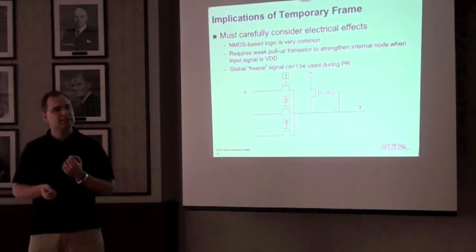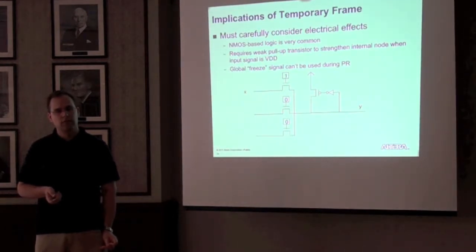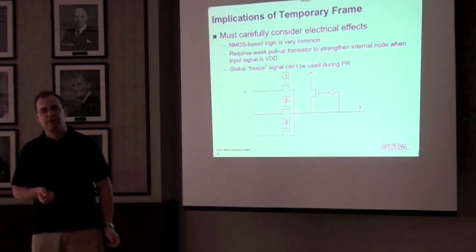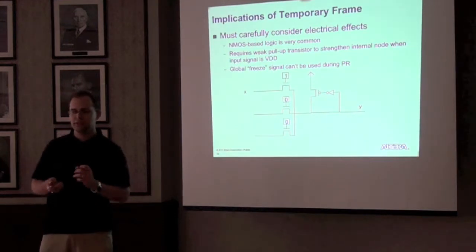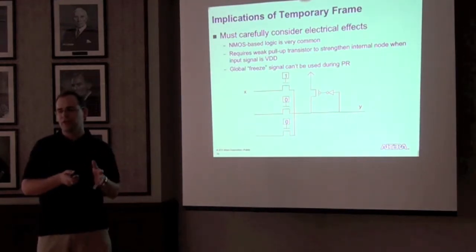So, question? Yes? That method implies that you have to always know which programming bit stream you're coming from in order to go to a new one. You can only go from a specific one to another one. That's a very good question. I'm just going to repeat that in case it didn't pick up. The question is, this method would imply that you have to know where you're coming from.